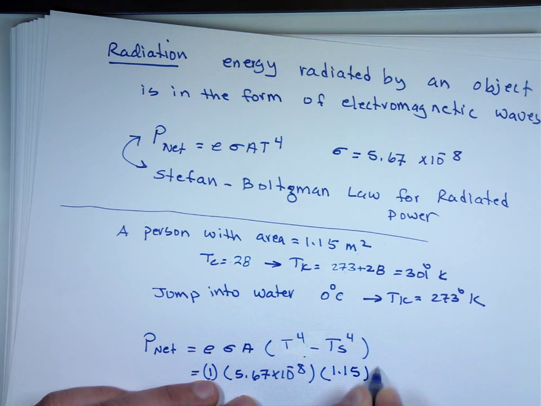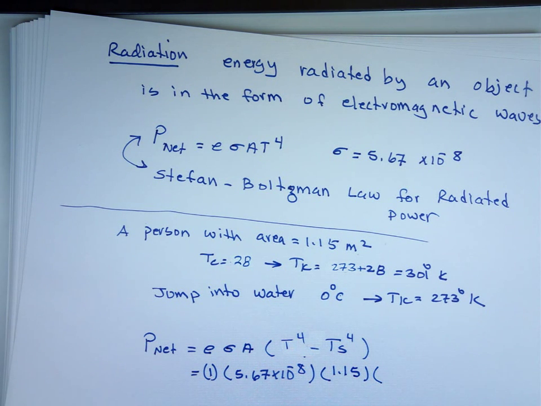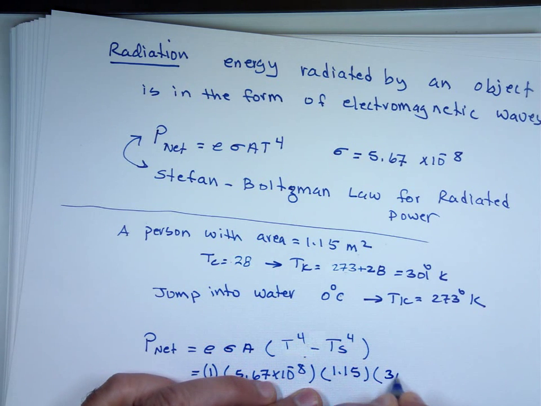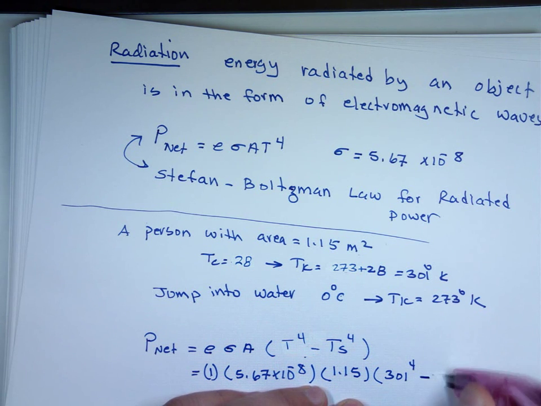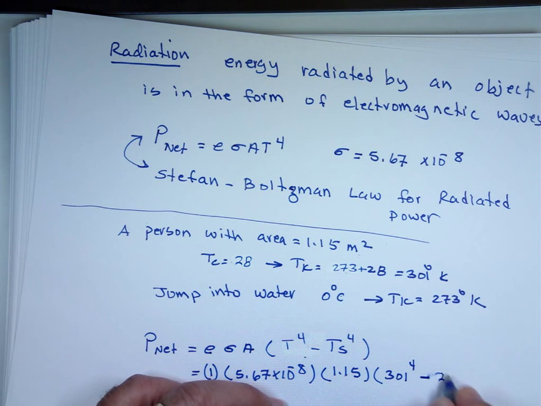Times T to the 4th minus the surrounding temperature to the 4th. The temperature of the person, which is what? 301 to the 4th degree, minus the surrounding temperature, which is the frozen water or the ice water there. 0 in Celsius, that's in Kelvin, what? 273, to the 4th.